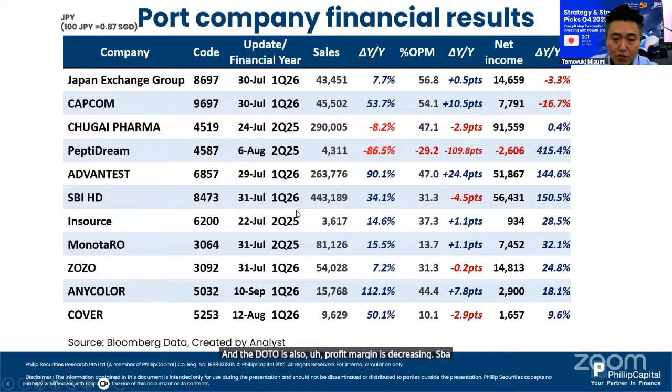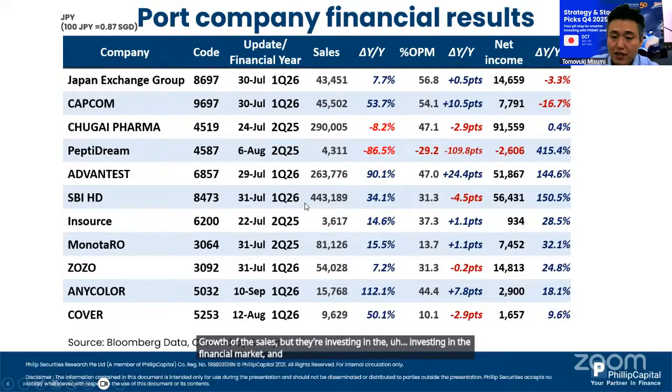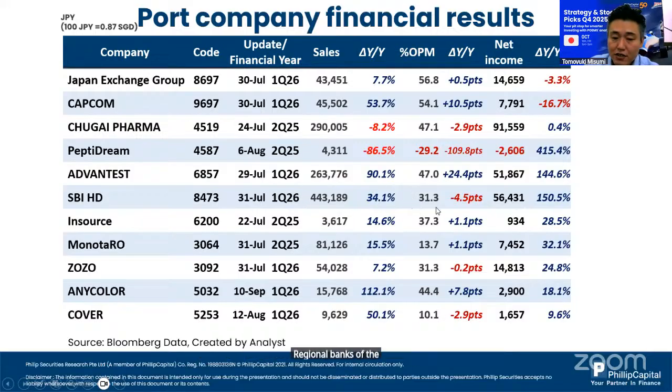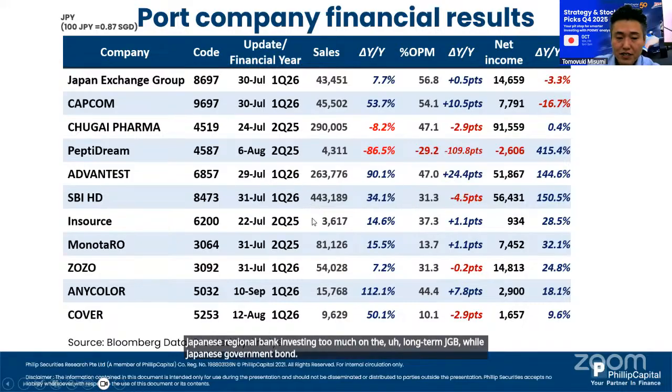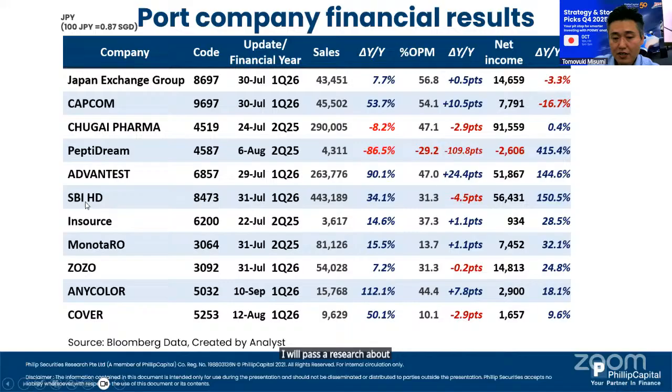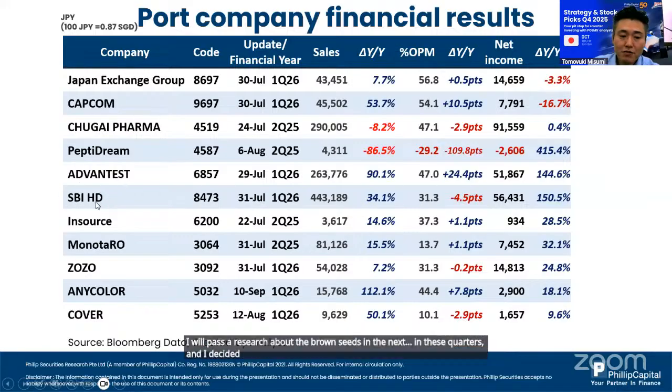SBI also has prospective growth of sales, but they're investing in the financial market and the regional banks of Japan. The Japanese regional banks are investing too much in long-term JGBs, Japanese government bonds. I will first research the balance sheet this quarter, and I'll decide if I should omit SBI or not.